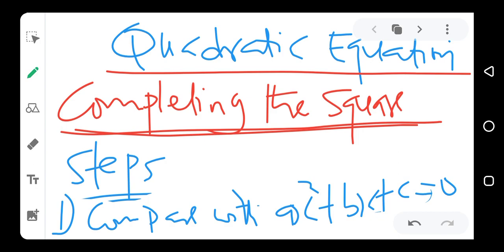If the value of a is not 1, divide everything by the value of a given to you. For instance, if you have the value of a as 2, maybe you have 2x squared, then divide the whole thing by 2. That means you are going to have 2x squared divided by 2. Then you come to bx. Anything you have as bx, divide it by 2. Anything you have as c, divide it by 2.